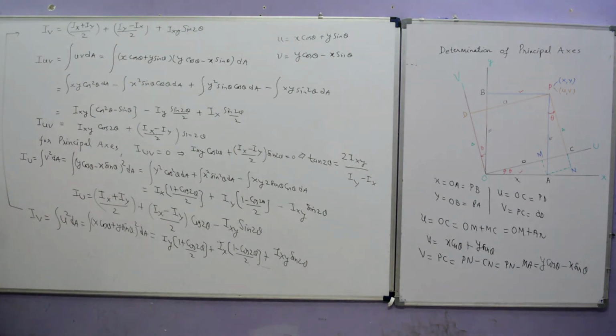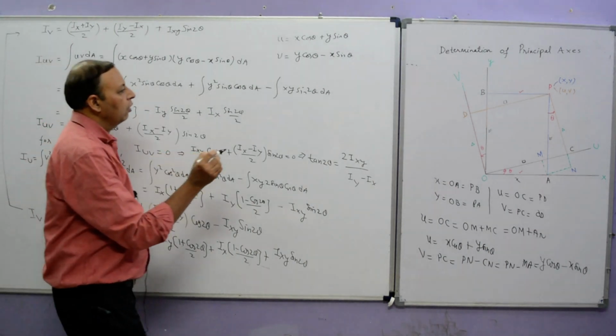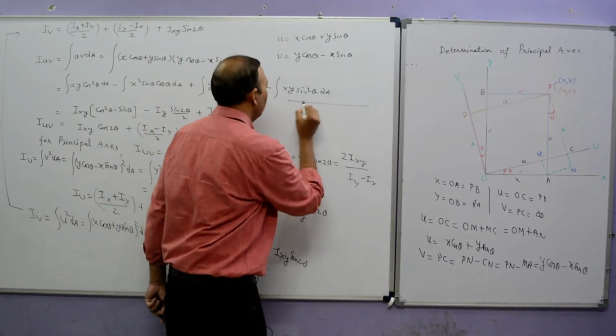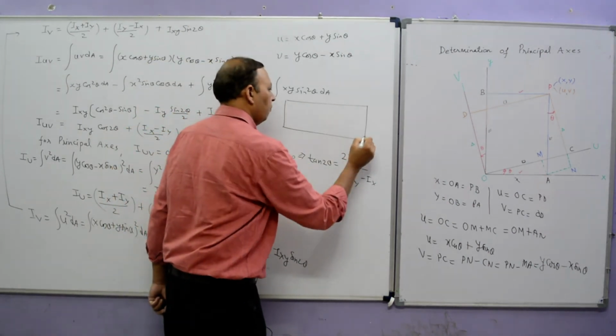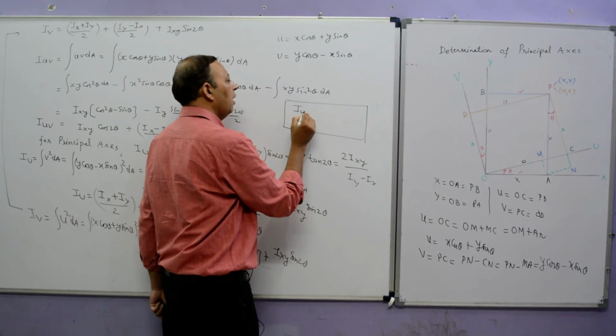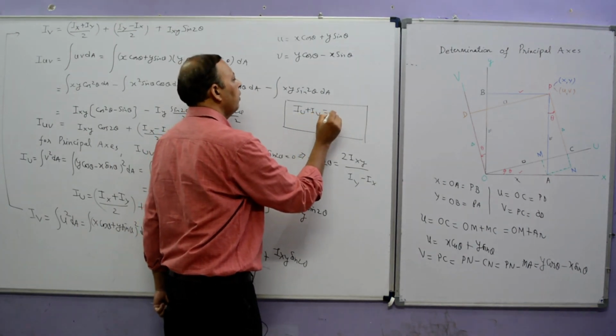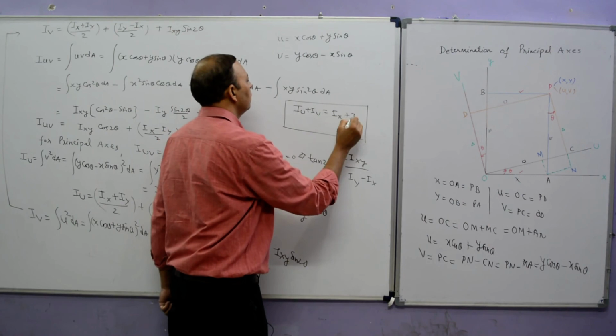And finally we can conclude one more equation, that is Iu plus Iv equal to Ix plus Iy.